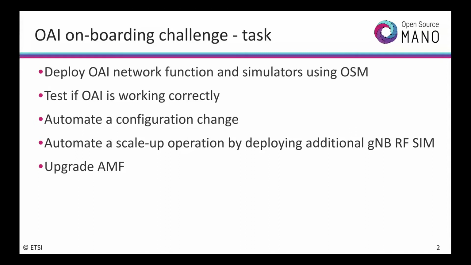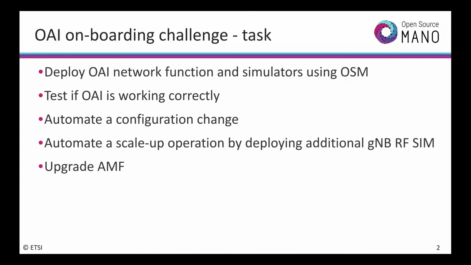The next one is scale up. Choose one network function. I would suggest the simulator for the gNodeB, to create an additional instance and make a scale-up scenario. And the last task is to upgrade one of the network functions. We've chosen AMF just to have one similar task for everybody.